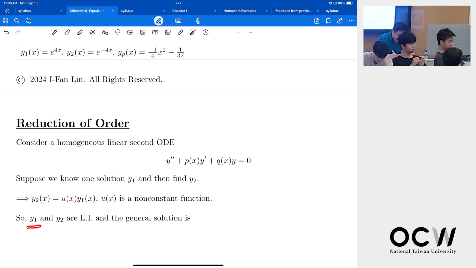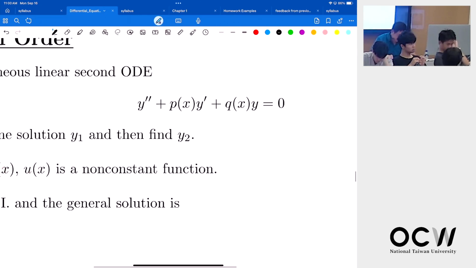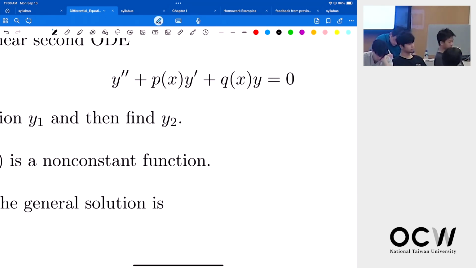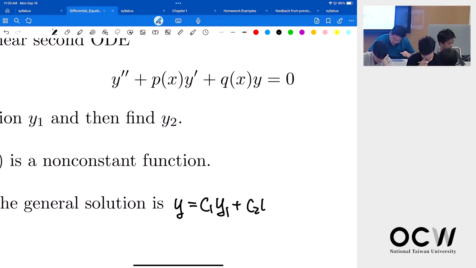So with y1 and y2, the general solution is y equals c1 y1 plus c2 y2, a linear combination of y1 and y2.